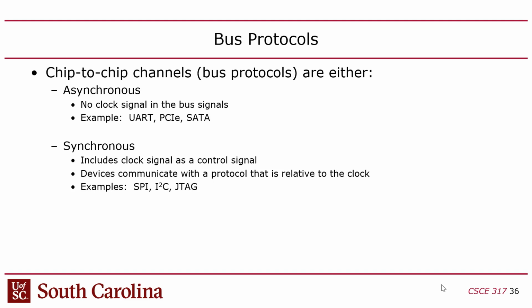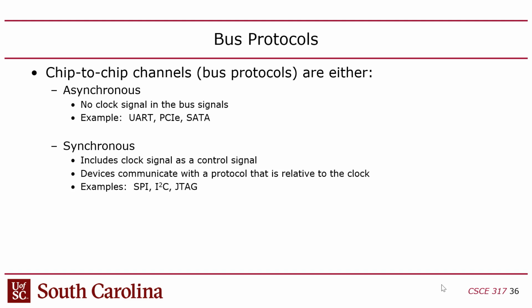So the protocol has to figure out a way to either extract the clock based on the signaling rate on the wires, or you can also, like UART, have a situation where the sender and the receiver side of the channel just agree beforehand on what the speed of the channel is, right? And so then they use their internal clocks, right? Now, if you do that, you're going to be more limited in speed as compared to having a channel where you use an analog circuit to infer what the clock is based on the switching rate of the bits.